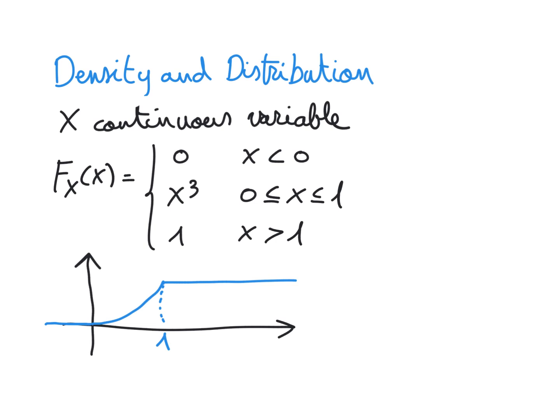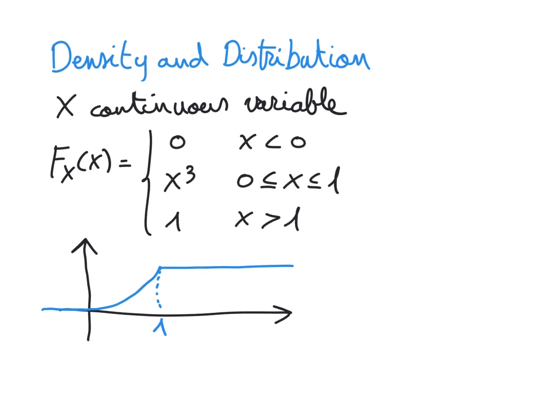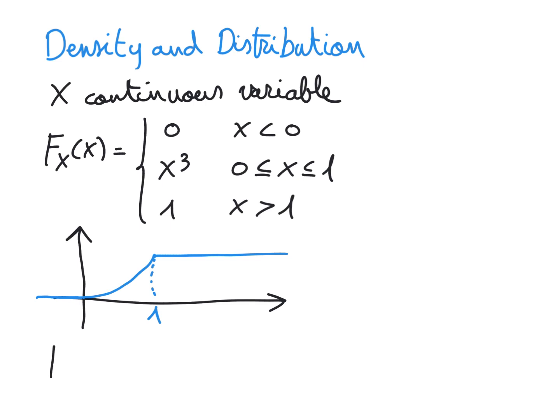But in this case, what is the meaning of the distribution function? Well, by definition, F of a is equal to the probability that x is less than or equal to a. And so that's how the distribution function is actually defined.